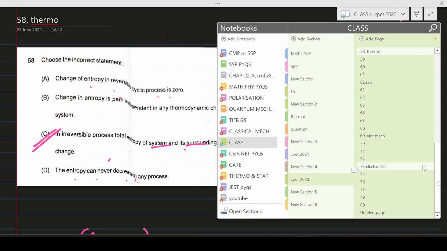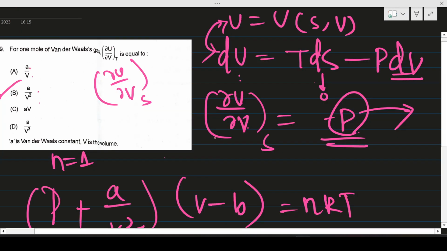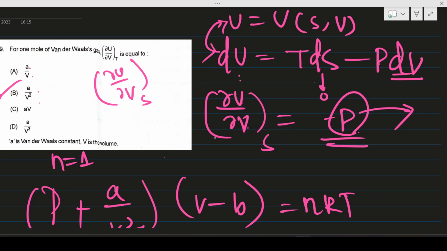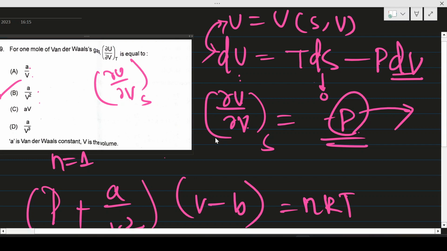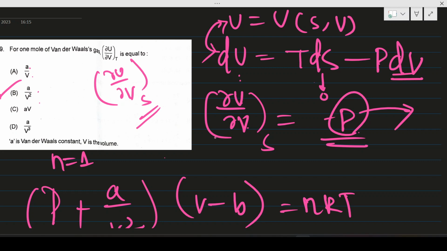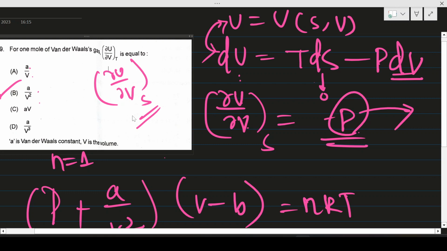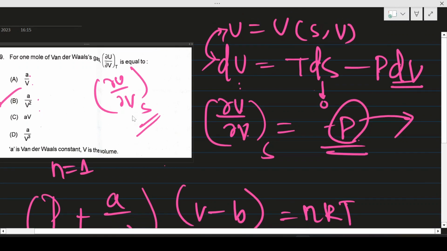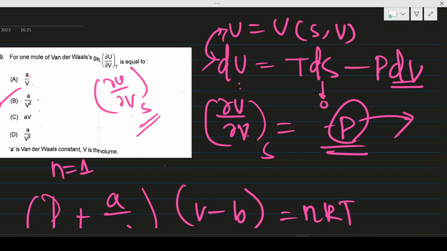Next, 59. For 1 mole of a van der Waals gas, del U by del V is equal to what? Basically this question is wrong. This is not del U by del V, but del U by del V at constant S. You see, it is given constant T, but this is actually constant S. Now, in thermodynamic potentials we have studied that internal energy is a function of entropy and volume, which can be written as dU = TdS - PdV using the first and second laws of thermodynamics.